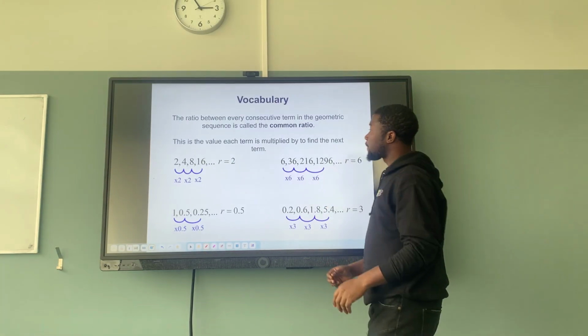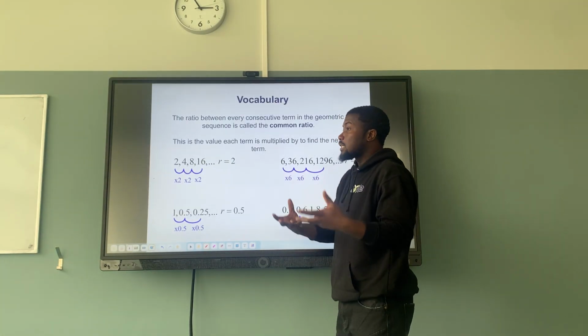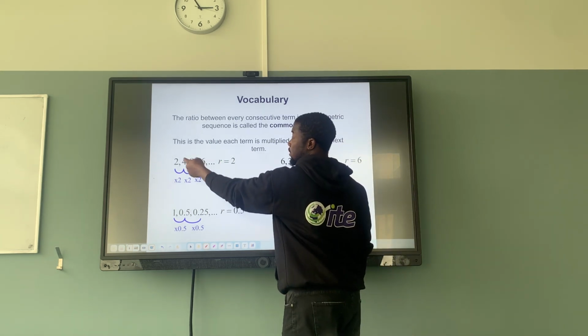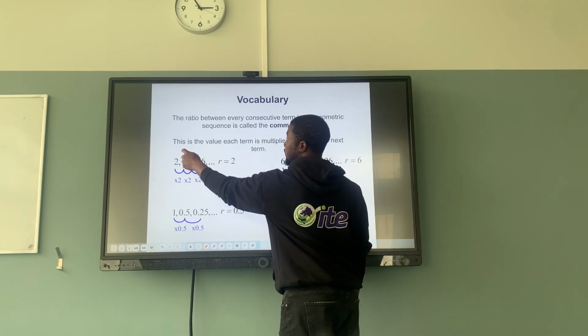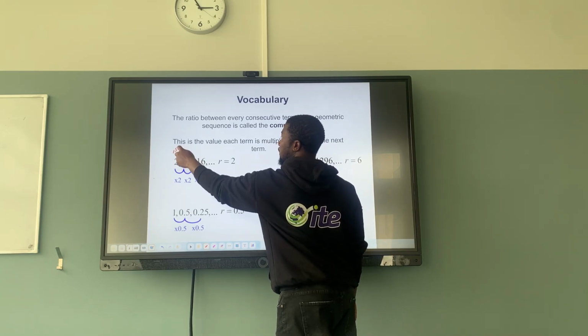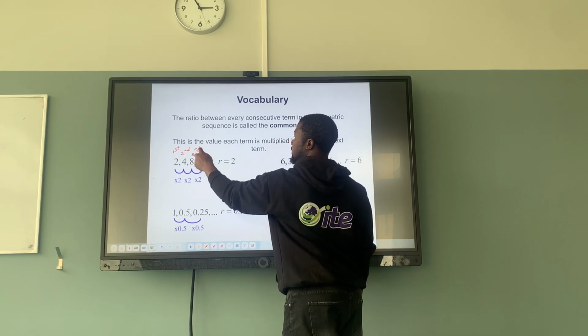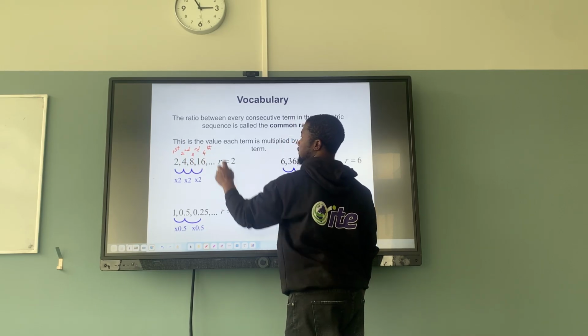Looking at it, like I told you, because it's a common ratio, you can get it from the sequence itself. If you want to get the common ratio, this is the first term, the second term, the third term, the fourth term.